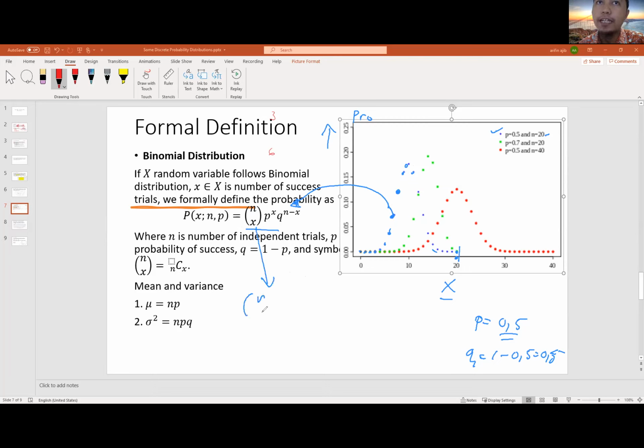The nx is actually the combination of what? Nx. It's a similar way. And this part is similar to the power of x, and q, this is the complement, n minus x.